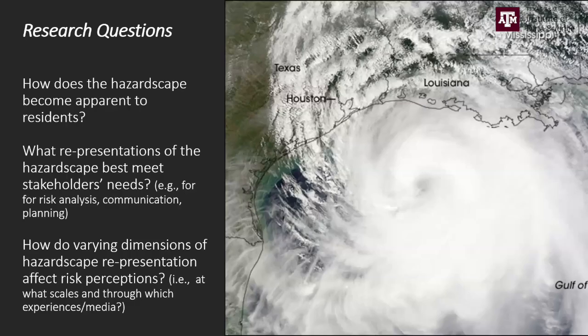So here are some of the questions that I'm considering, really big picture across all the various studies I've performed recently in this space. How does the hazardscape become apparent to residents? For many, they learn about storm surge if they move to the area through conversations with friends or neighbors, acquaintances, coworkers.